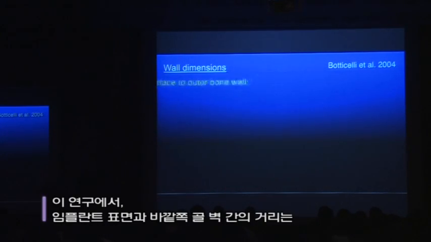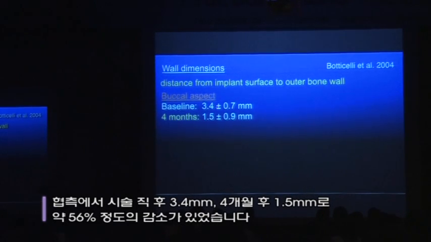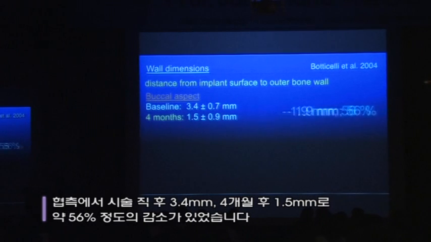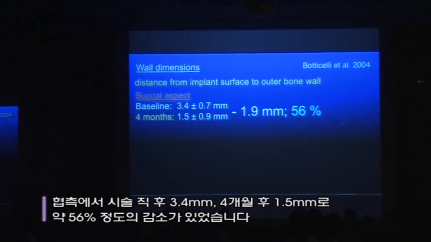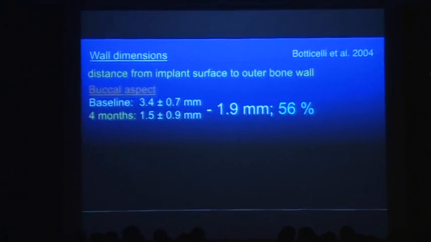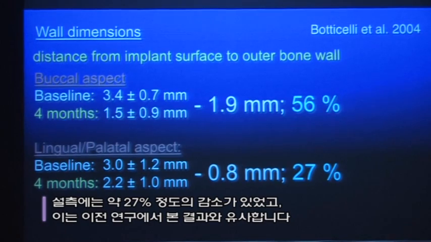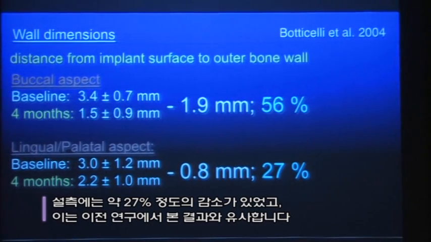So our results were the following. The distance from the implant surface to the outer bone wall was at baseline 3.4 and at 4 months 1.5 millimeter, which means a 56% reduction. On the lingual surface, we had a 27% reduction. And where have we seen these figures before?